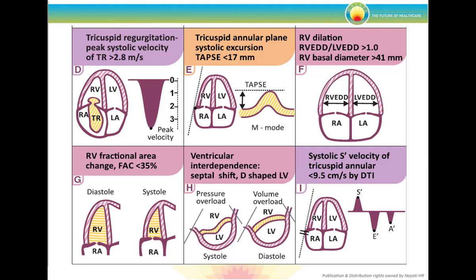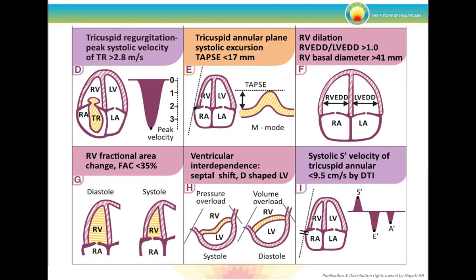If it's less than 1.7 centimeters, you can say that the patient has right ventricular systolic dysfunction. You can also measure the right ventricular end-diastolic area and compare the ratio along with the left ventricle. Another classical thing that can be measured is fractional area change.